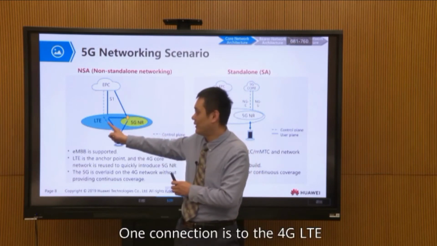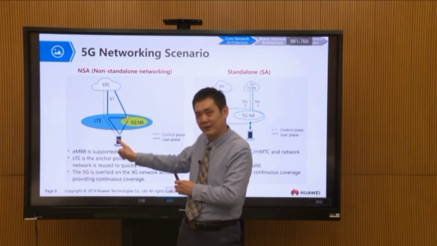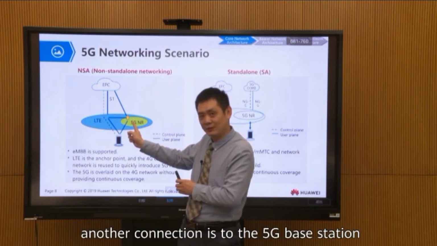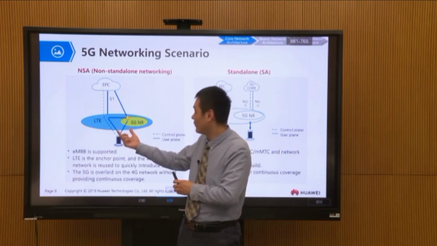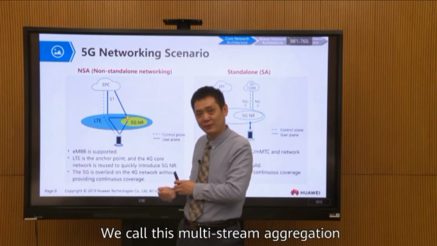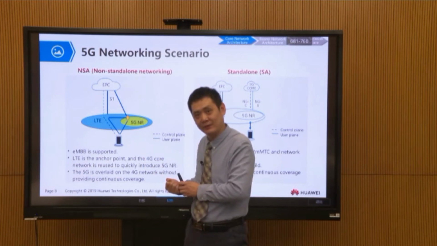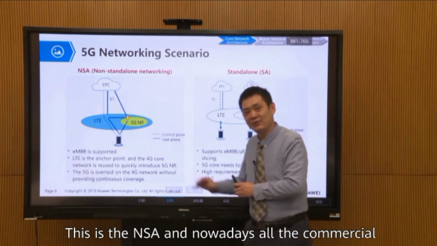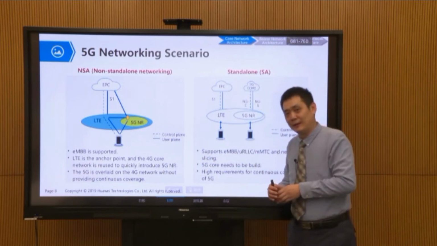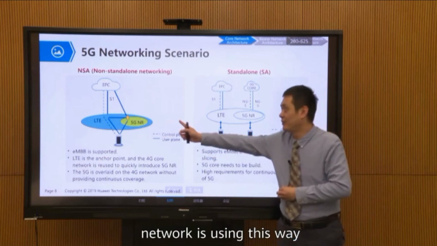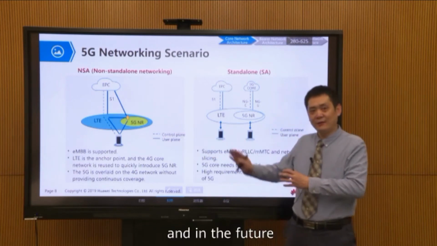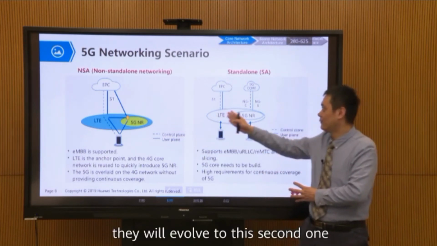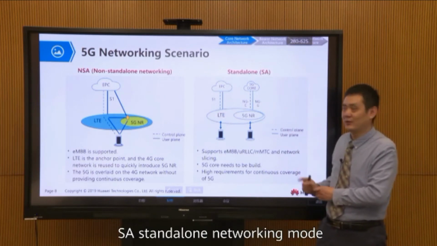One connection is to the 4G LTE, another is to the 5G base station. We call this multi-stream aggregation. So this is the NSA. And nowadays, all the commercial networks are using this way. And in the future, they will evolve to this second one, SA, standalone networking mode.